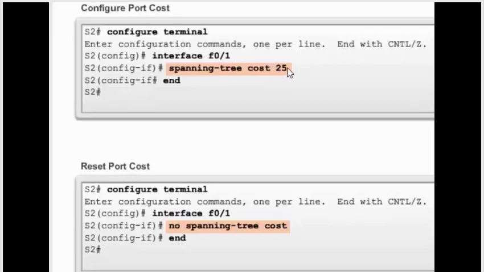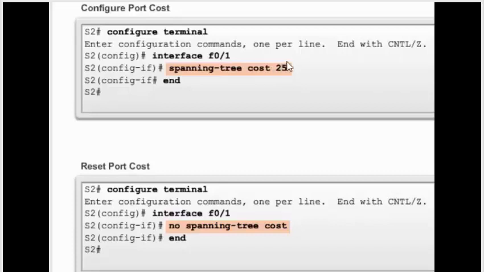In this instance, we set the port cost to 25, but we can use from 1 to 200 million. This is the range that we can select as a port cost.